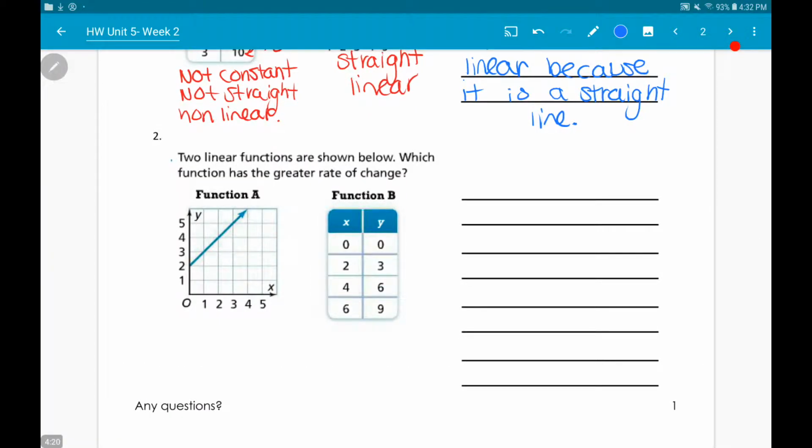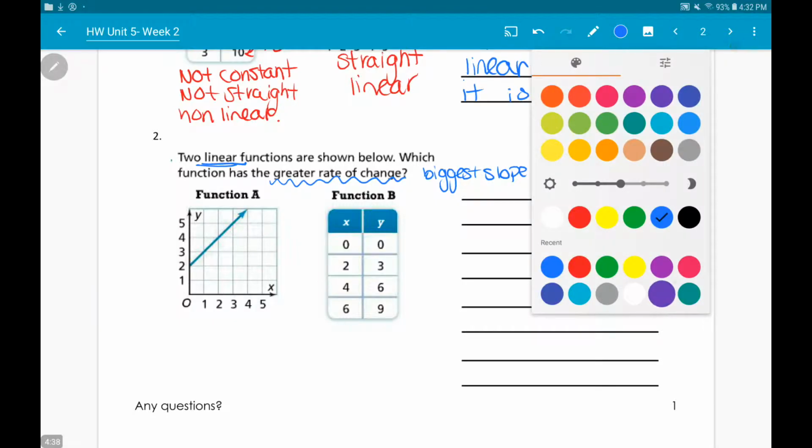So now this question says two linear functions are shown below. So they're telling us that they're linear. Which function has the greater rate of change? So what does that mean? Greater rate of change means which one has the biggest slope. All right, and remember there are two ways to find slope.